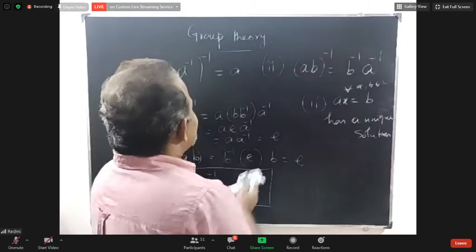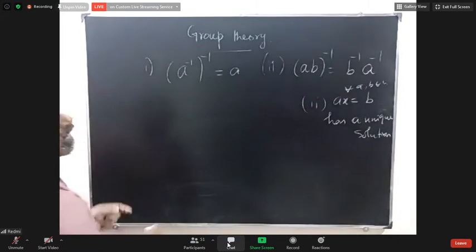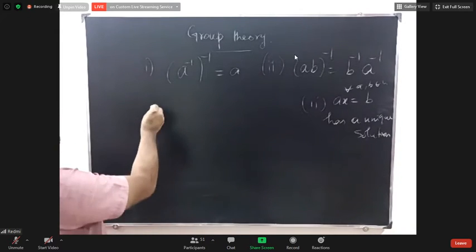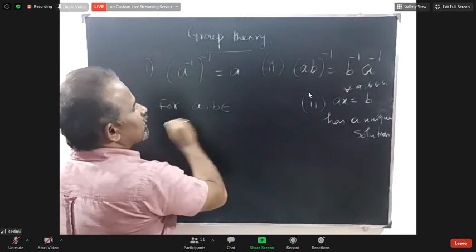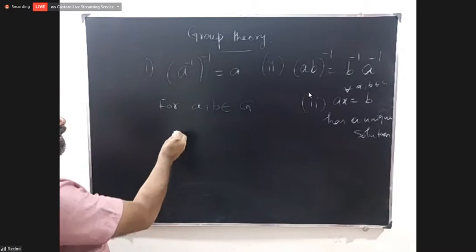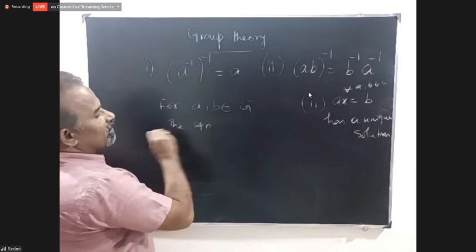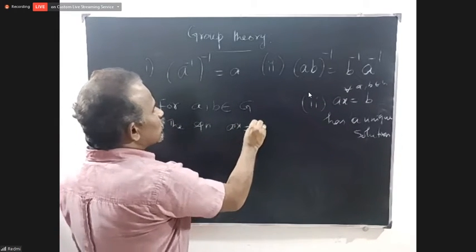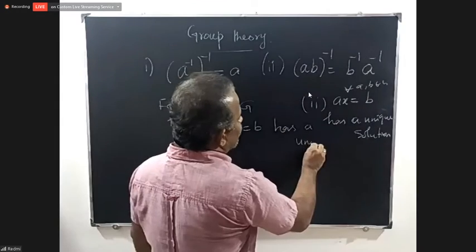Number three is: for any elements A, B belonging to G, the equation AX is equal to B has a unique solution.